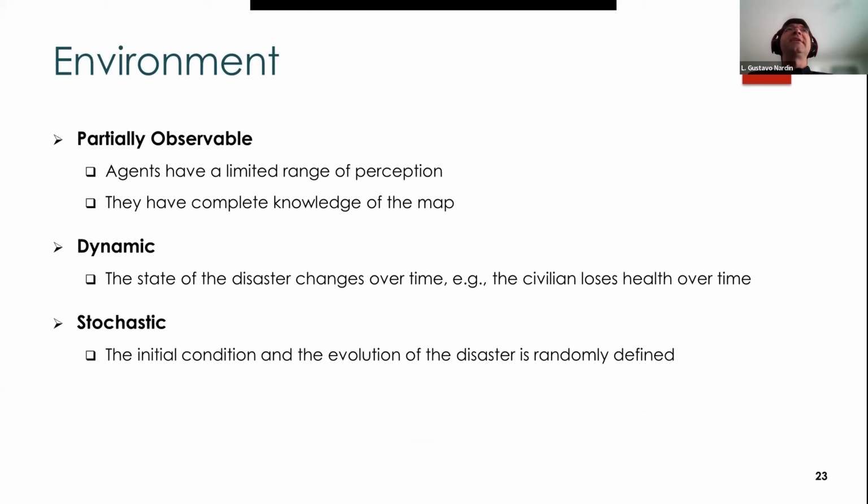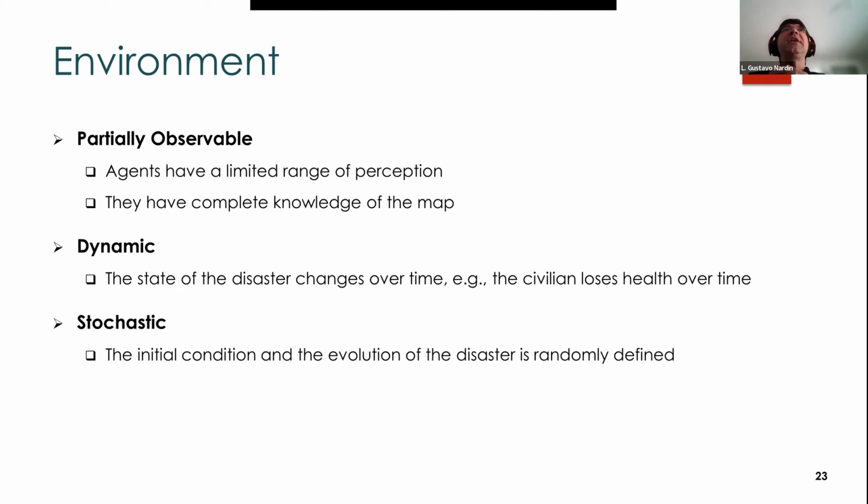The environment, as I said, tries to replicate a real natural disaster environment. So it is partially observable. The agents cannot observe everything that is happening on the whole map. They have a limited range of perception.